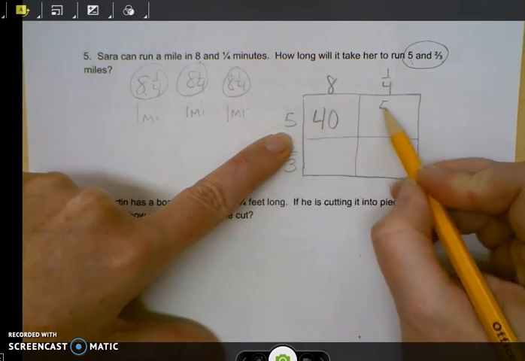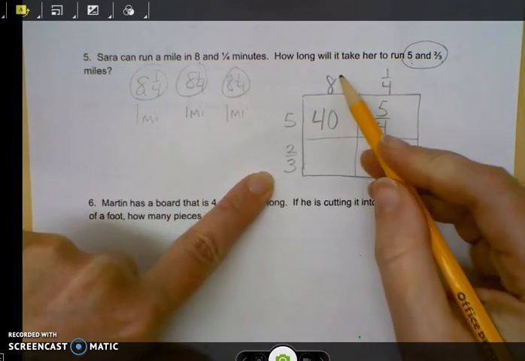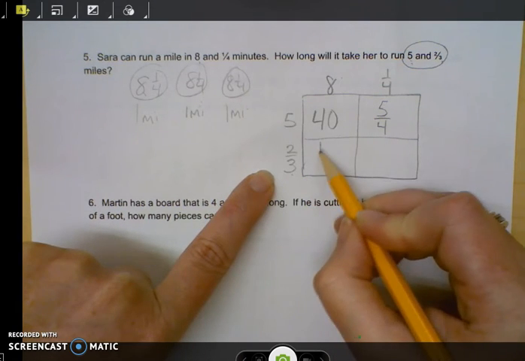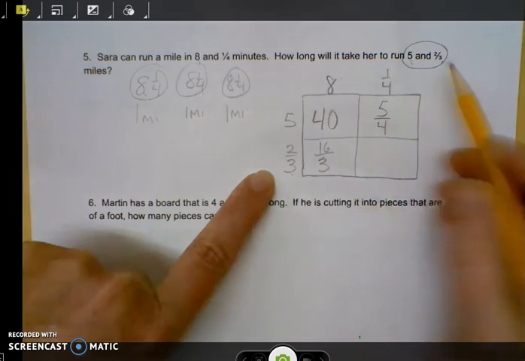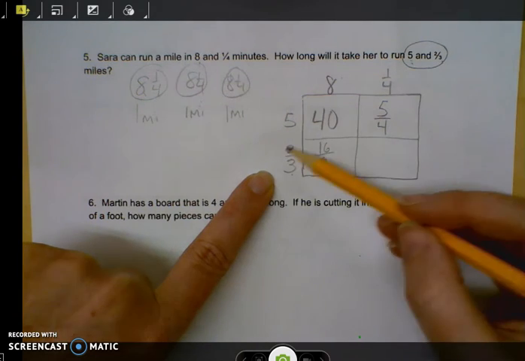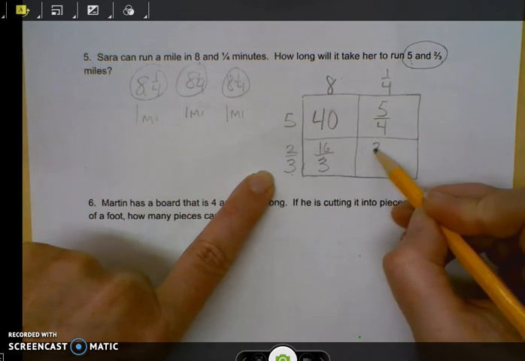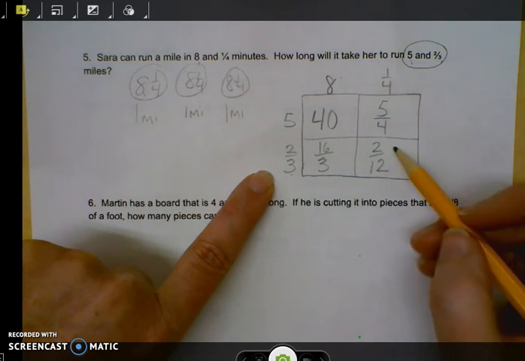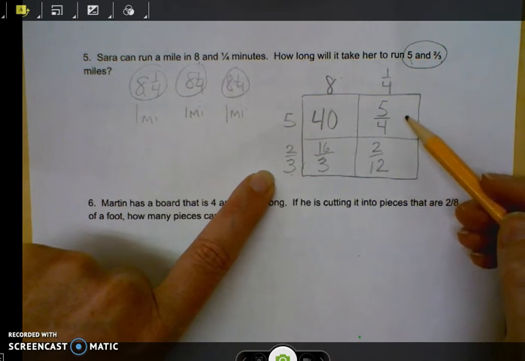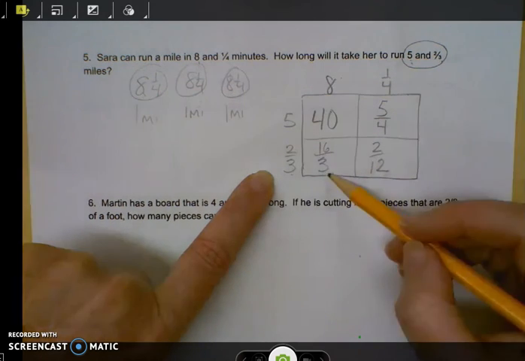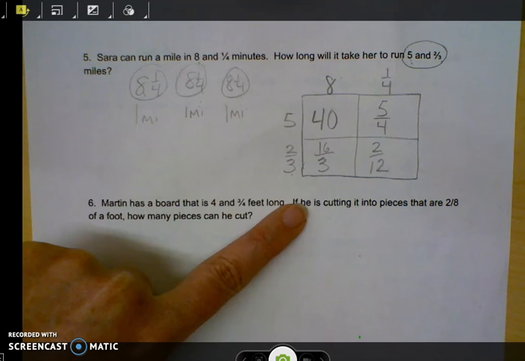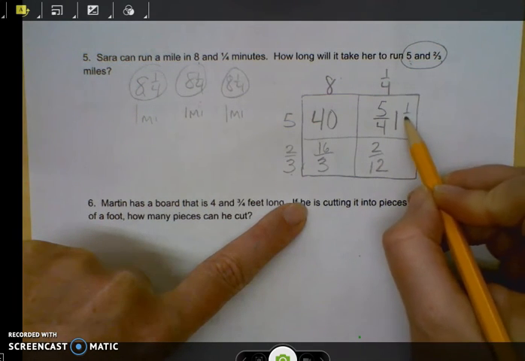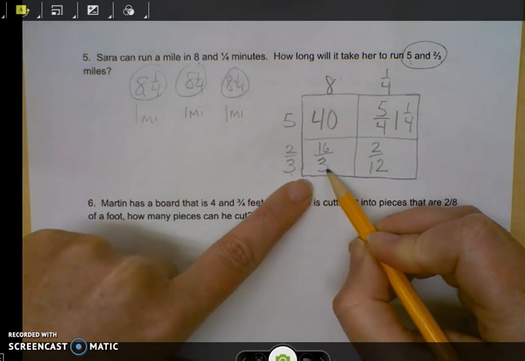5 times 1/4 is 5/4. 8 groups of 2/3 is 16/3. And 1/4 times 2/3 is 2/12. All right, changing this all into mixed numbers, and you can find your common denominator and then change it, or you can change it and then find your common denominator. At this point, the order doesn't really matter. I know that this is 1 1/4.